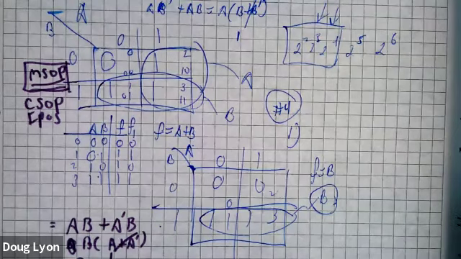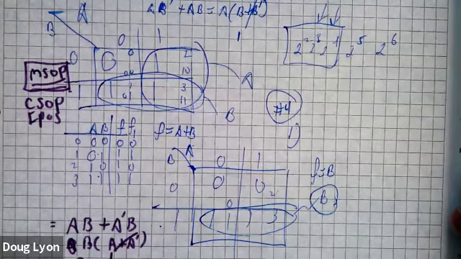So if you were to simplify a minimal sum of products to a single definition term, what would it be? A minimal sum of products consists of an equation that is not reducible any further.